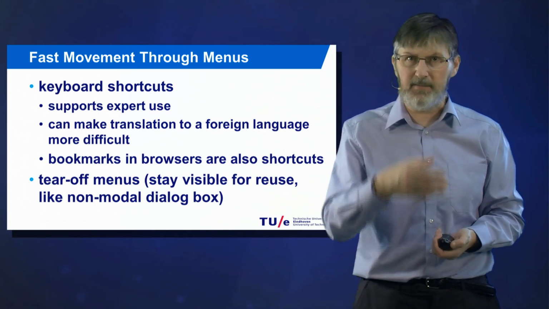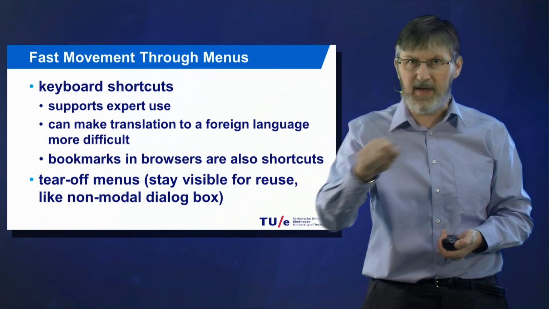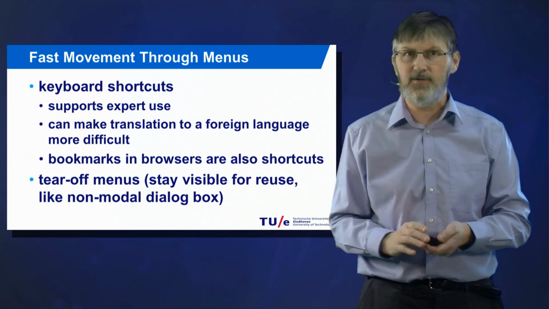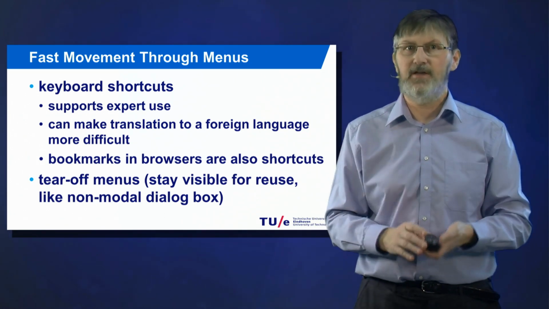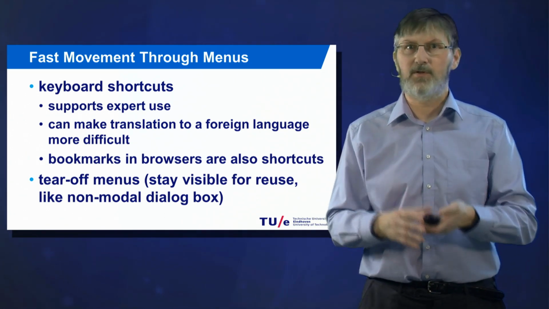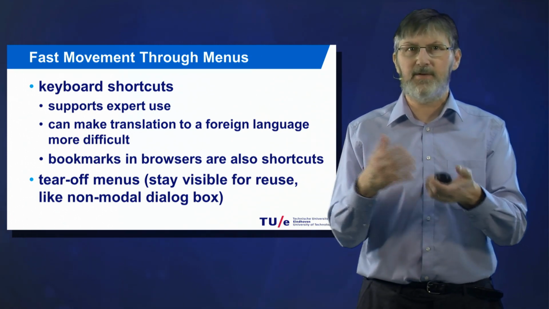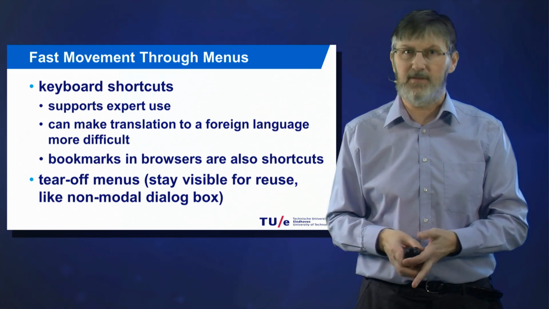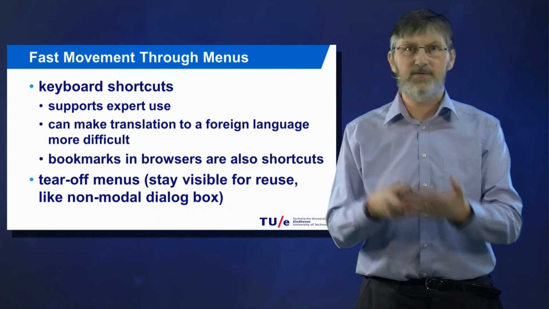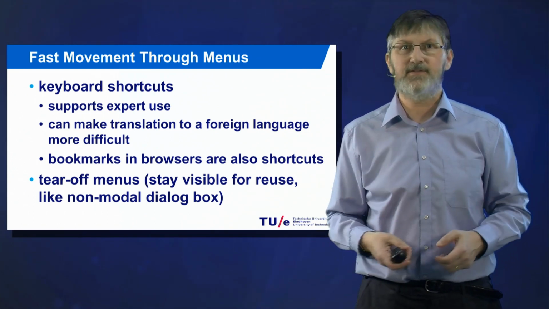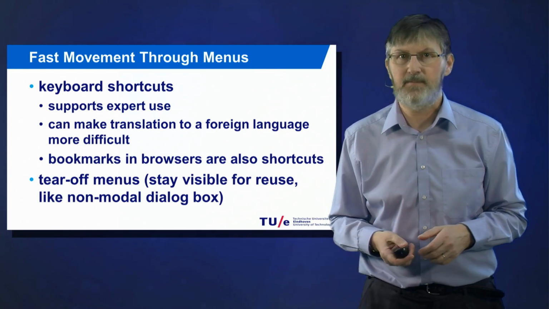You have a pull-down menu, and you can actually drag it to the side and use it as if it was a non-modal dialog box. So you see there is overlap in interaction styles between different of these styles, menus, dialog boxes. We can have similar operations between them.